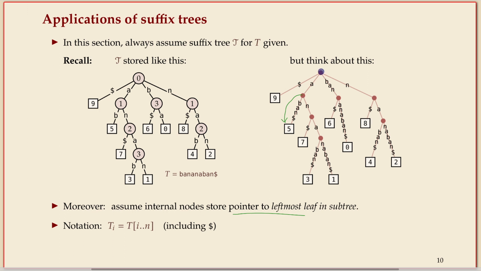In principle, the tree could be fairly big, the subtree of a certain internal node, and it's not guaranteed that you can jump in one step to a leaf in all cases. But in our example, it actually is. I guess it also depends on how you order the children. We'll just make this assumption to analyze algorithms to make the analysis a bit easier. So when you have an internal node, you can quickly find one of the leaves in its subtree.